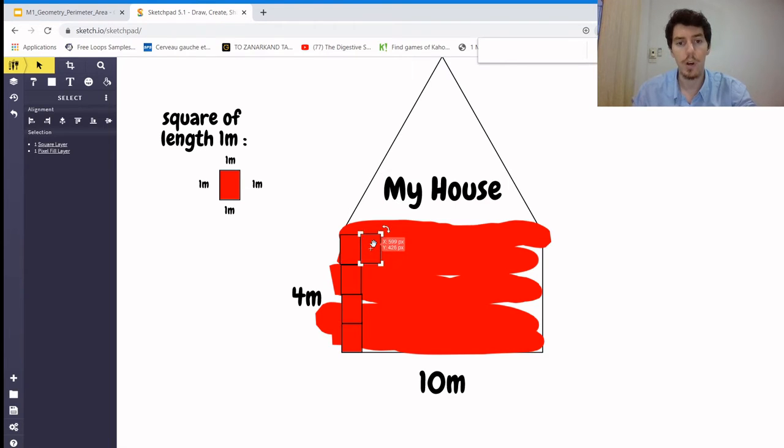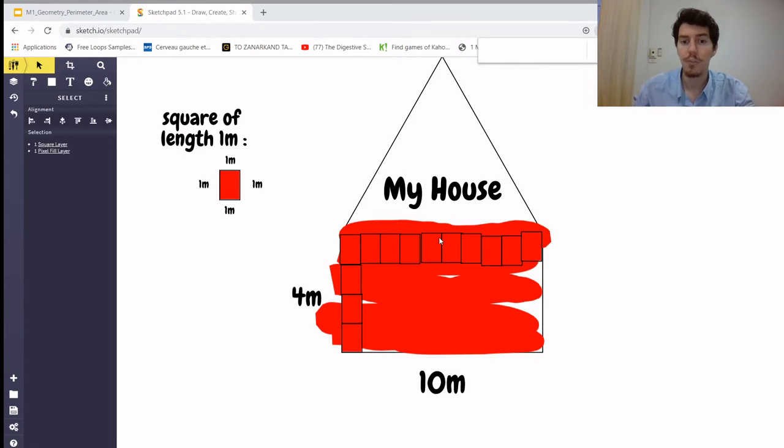I can fit already 1, that's 2, and 3, 4, 5, 6, 7, 8, 9, and alright, 10. So in the length, we can fit 10 red squares, and in the height or the width, 4 red squares, okay? But the question is, how many squares can we fit in the whole house, right?